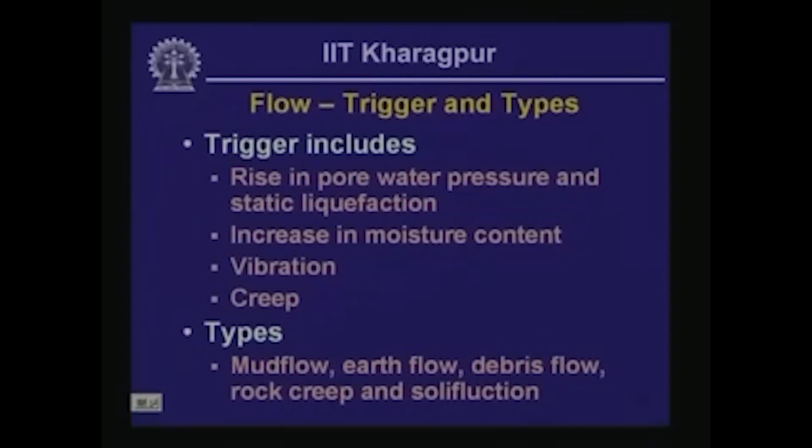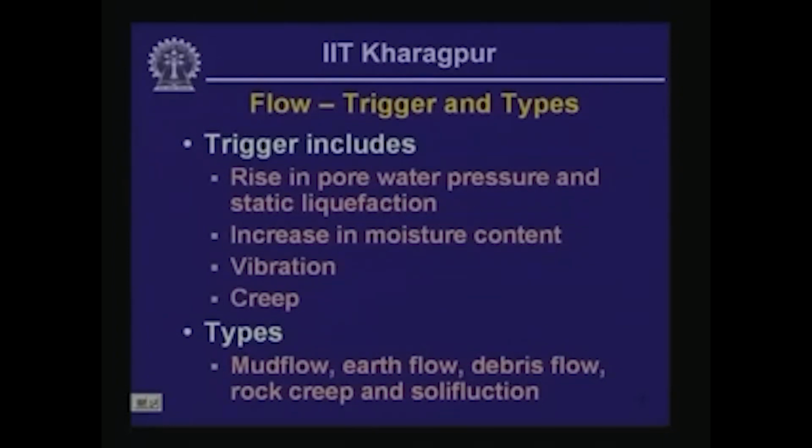And solifluction is a scenario in which there is a shallow intermittent downslope movement caused by snow melt in fine grained soils.